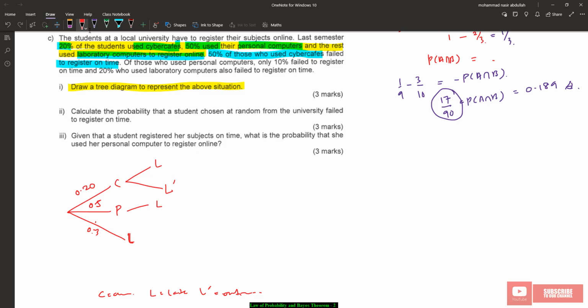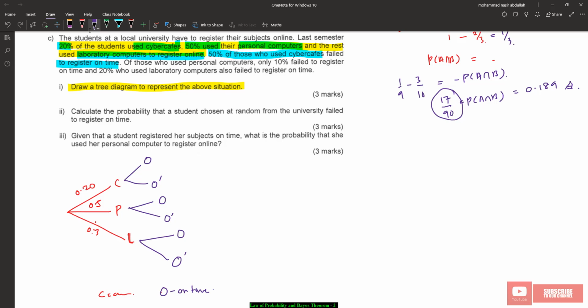So you have L and L complement. Oh, we already use L kat sini for laboratory. So jangan ada overlap. Sebab L sudah diambil, so we cannot use L. Let's say kita guna O for on time, so we have O and O complement.